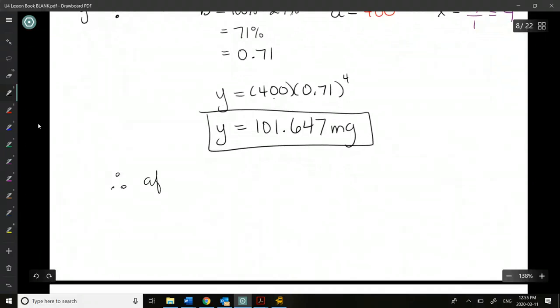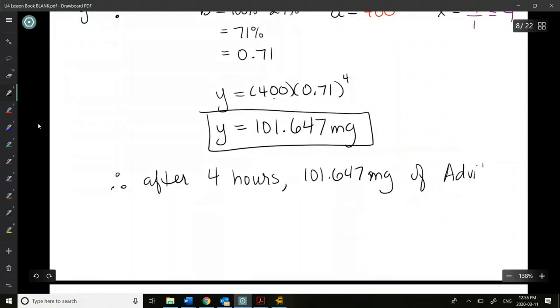Okay, so therefore, after 4 hours, 101.647 milligrams of Advil remains in the adult system.